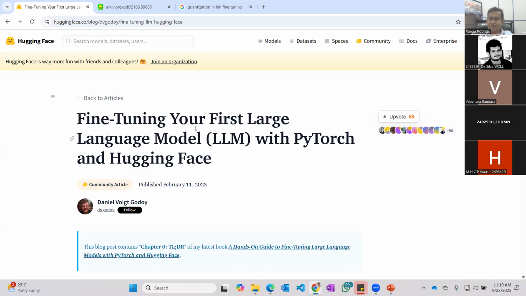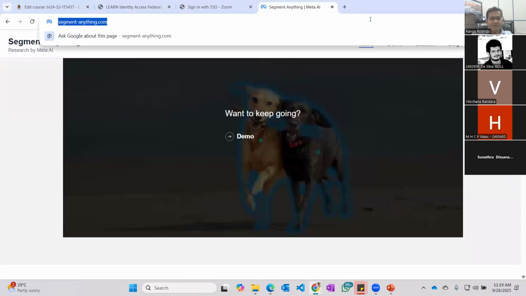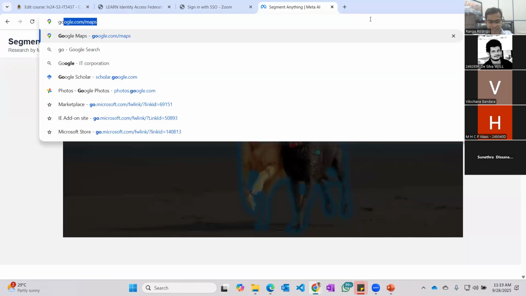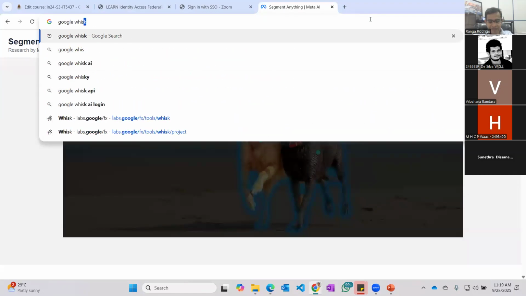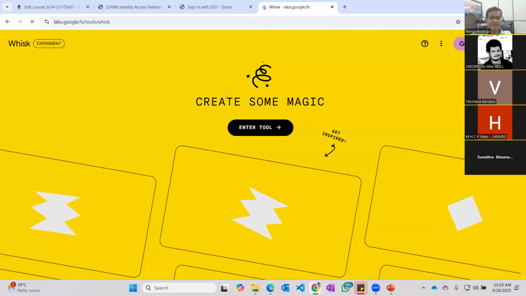Okay. So one last topic I want to briefly look at is about diffusion models. So if you take Google Whisk, I don't have access to Midjourney, but if you take Google Whisk, you can generate images.